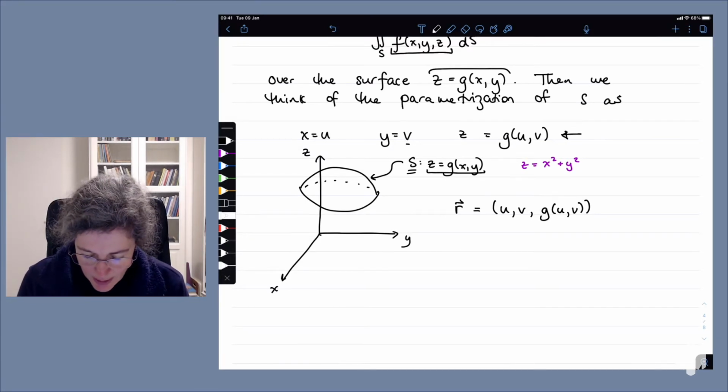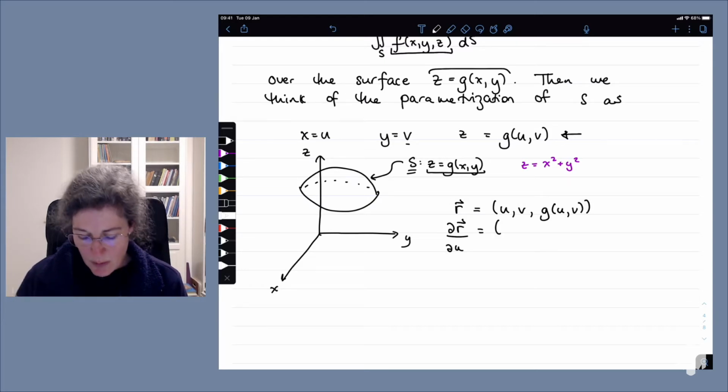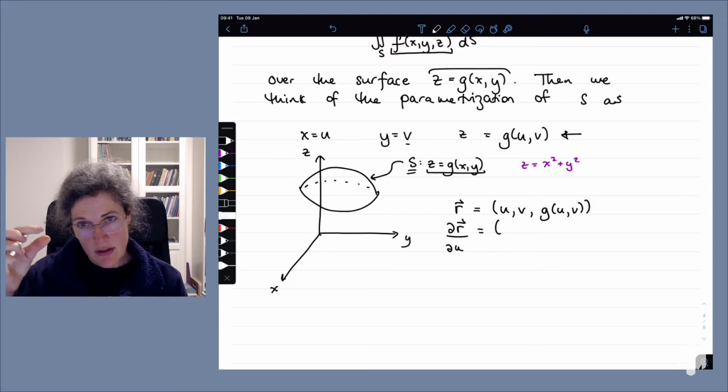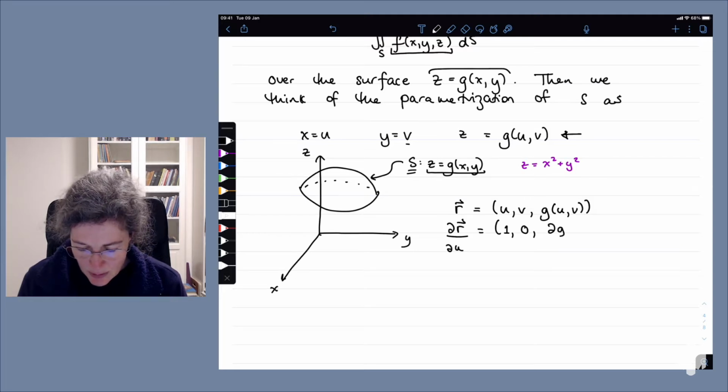Okay, so I can now work out my dr by du. Remember dr by du: I take each element of my r and take the partial derivative with respect to u, so that's going to give me a 1, then dv du is 0, and then I'm going to have dg by du.